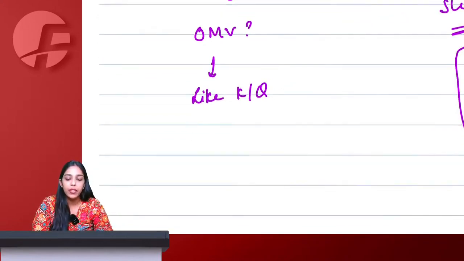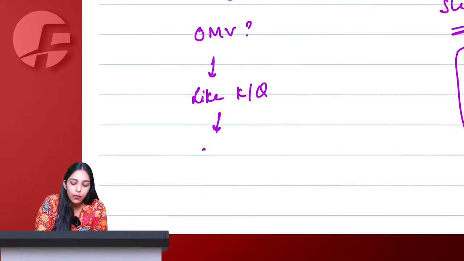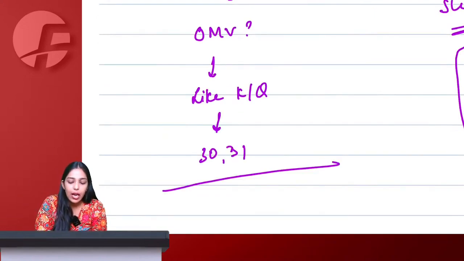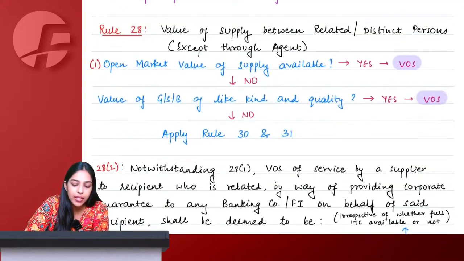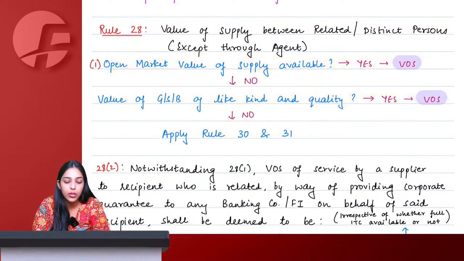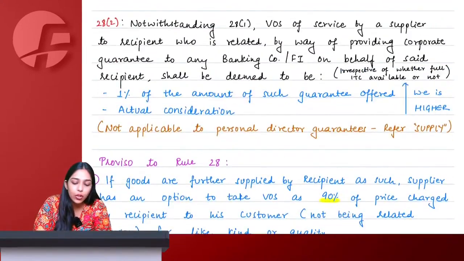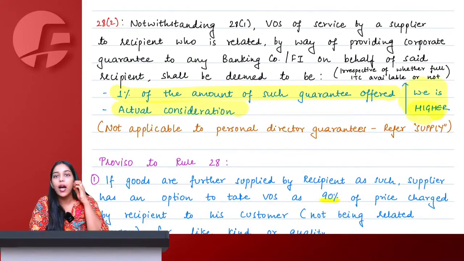If not, you apply Rule 30 and 31 and determine the value of supply. For Rule 28.2, we say corporate guarantees, 1% of guarantee amount or actual consideration, whichever is higher.